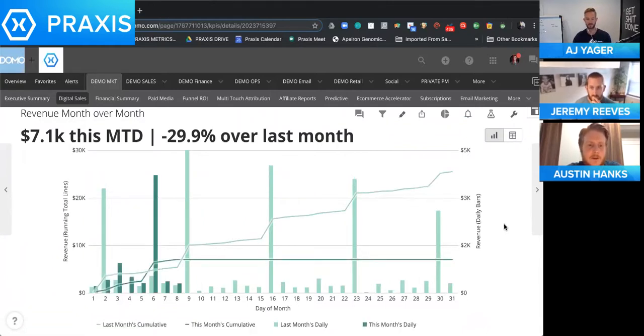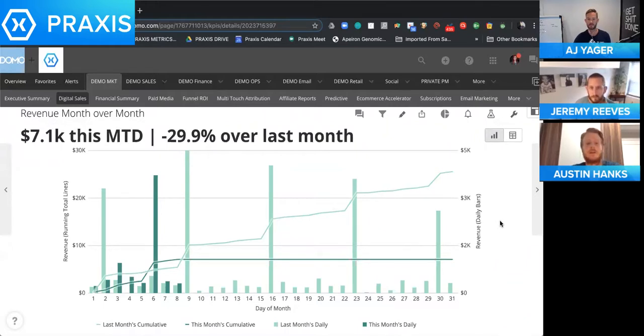So if one bar is higher than the bar from the previous month, not too concerning. But this still gives you the insights on when you're seeing huge spikes. Still gives you the trend throughout the month. So hopefully you're up in the trend line overall.